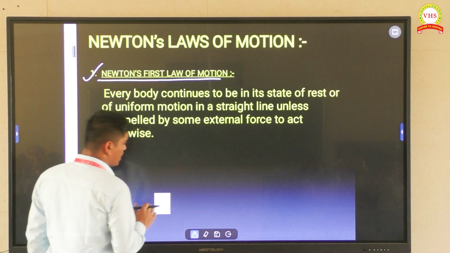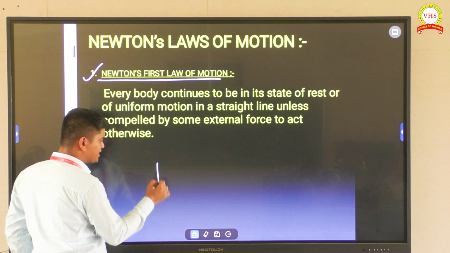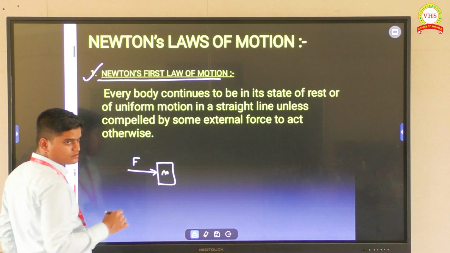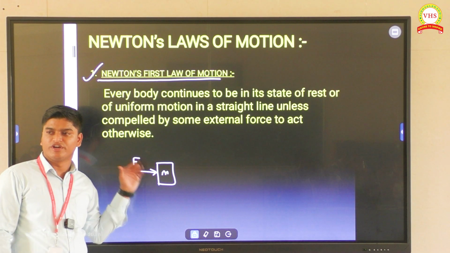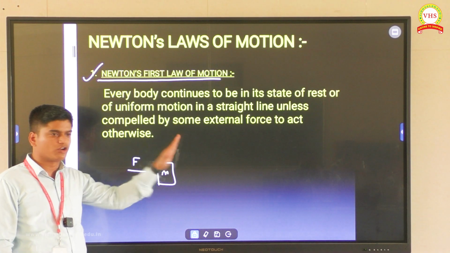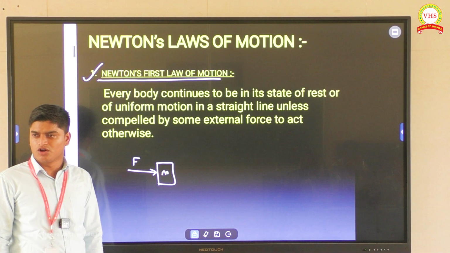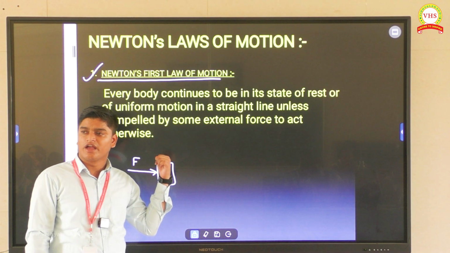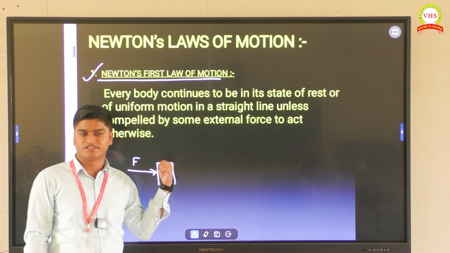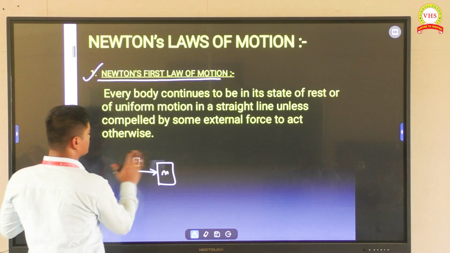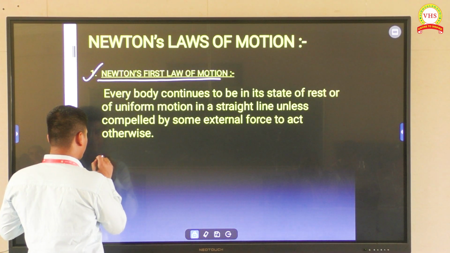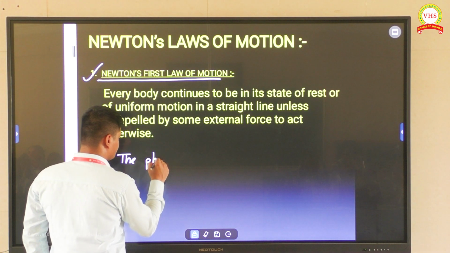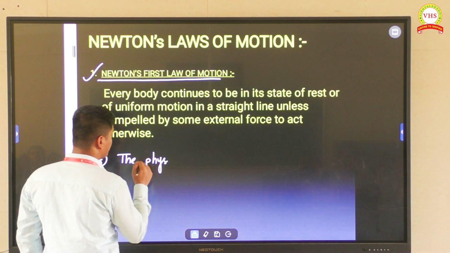So what you are understanding here is, to move an object, what do you need? A force. That is an external agency. Force is required to move an object. Yes or no? Or if an object is moving, to stop that object you also need an external force or external agency. So that means if I understand the first law carefully, the physical significance is given by this first law.